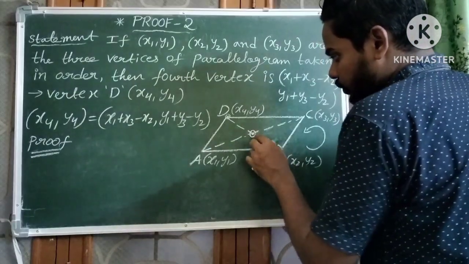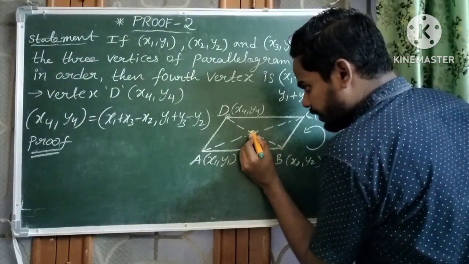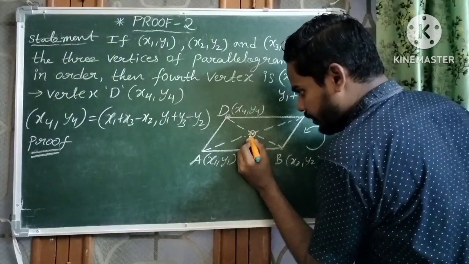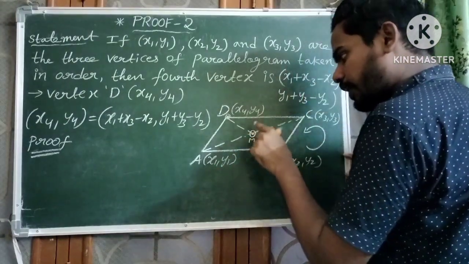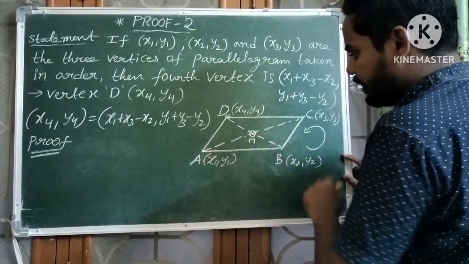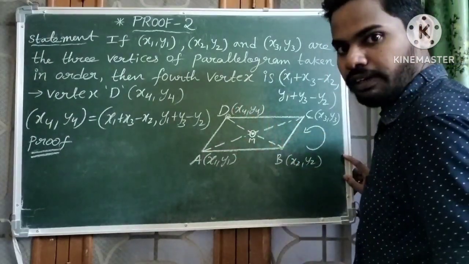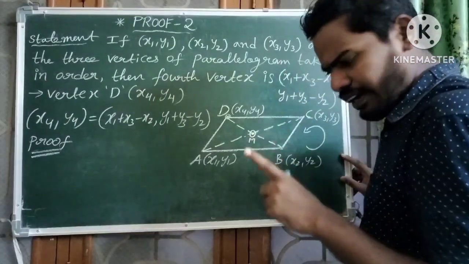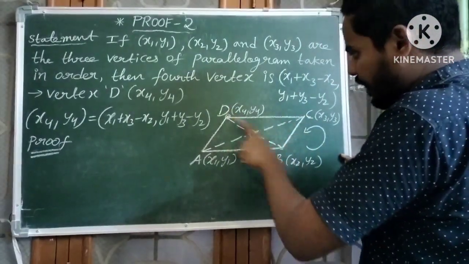Let us say the intersection point is M. Here M is the midpoint of diagonal AC as well as diagonal BD. Why? Because in a parallelogram, diagonals bisect each other.